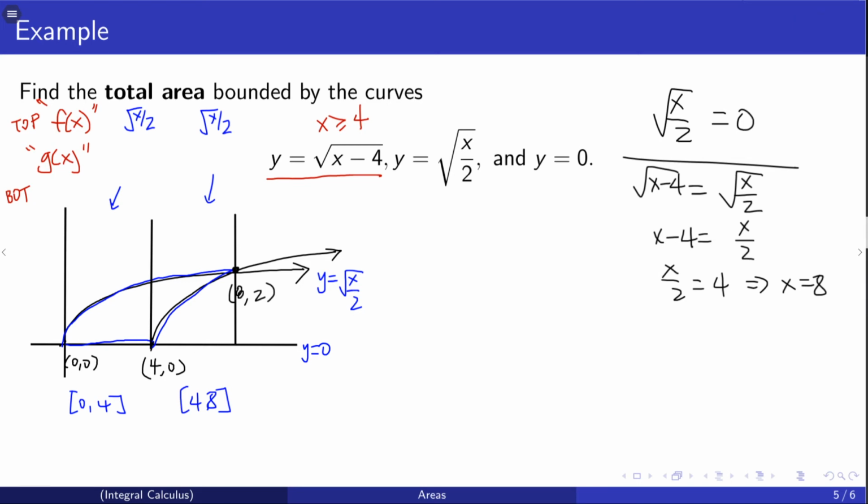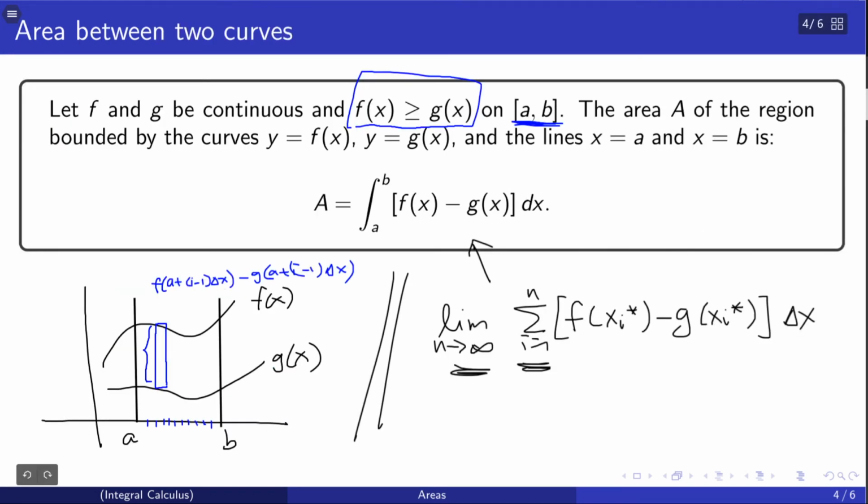From 0 to 4, it's just 0. From 4 to 8, it's now the square root of x minus 4. Right? And so this is something you have to consider when finding area. Right? It's always top minus bottom, which is what this f minus g formula tells you. Right? This gives you the height of each rectangle in your approximation.